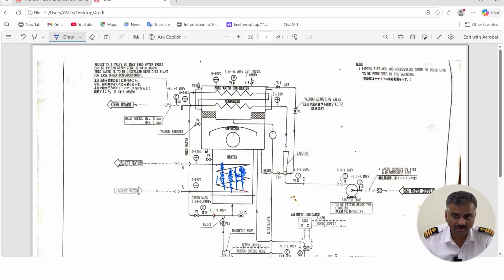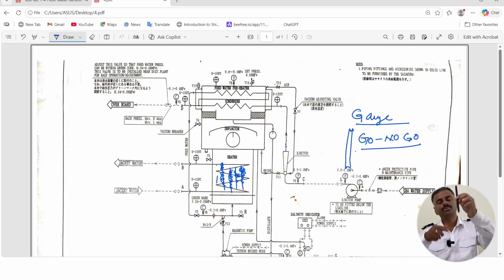How do you check this fouling up? Yes, a very important point here is there is a gauge. This is like a round stick, which is called the go no go gauge. This is similar to this. It will be of the size of the evaporator tube.